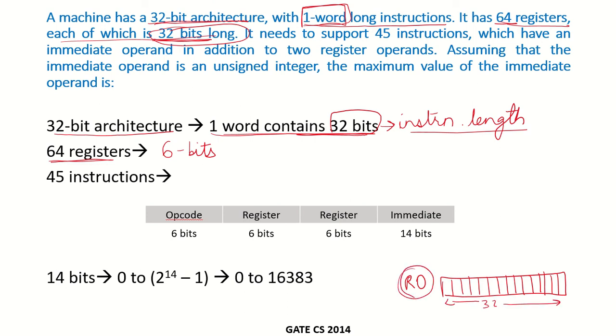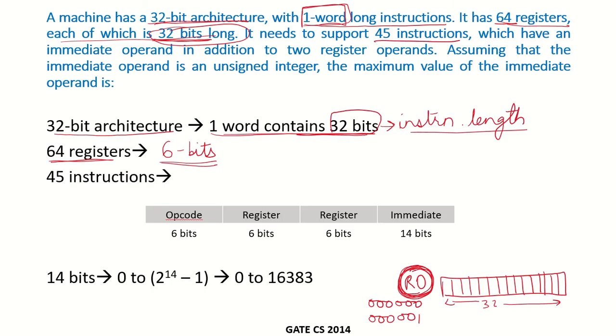But how many bits are required to code the register? To address or specify a register, we need 6 bits. R0 would have the code 000000, R1 would have the code 000001 and so on.